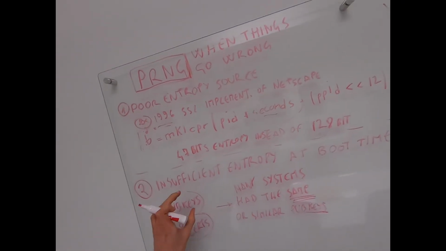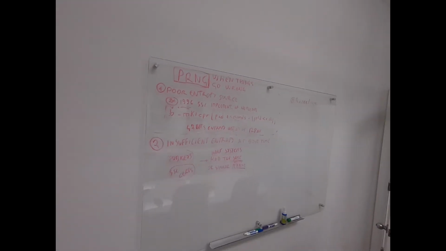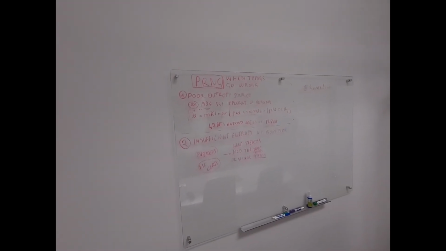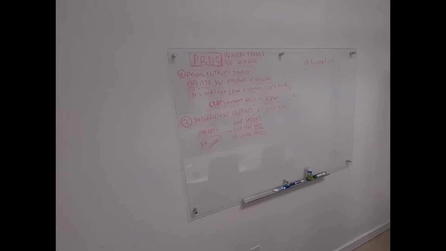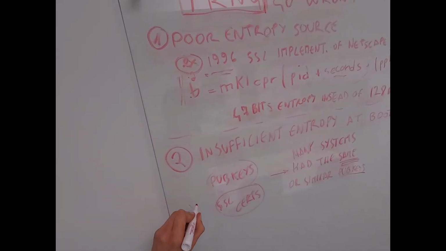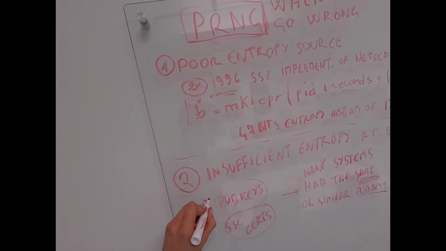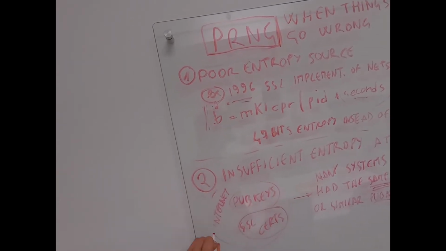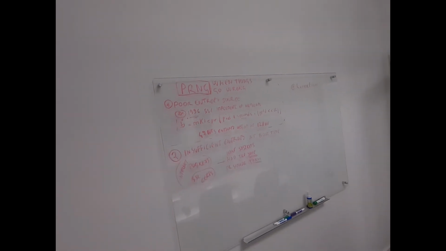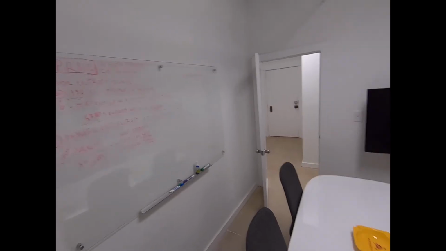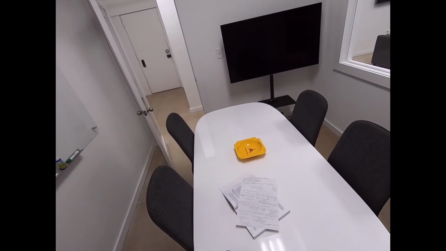I'm just going to keep the example of public keys, right? So many systems had the same or similar public keys, all over the internet. That's what the researchers found. But how is that possible?